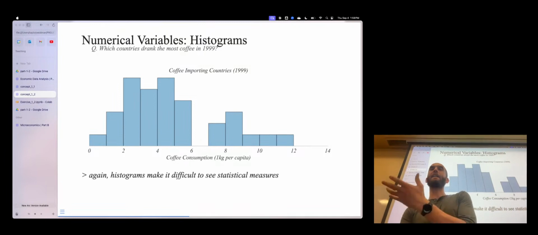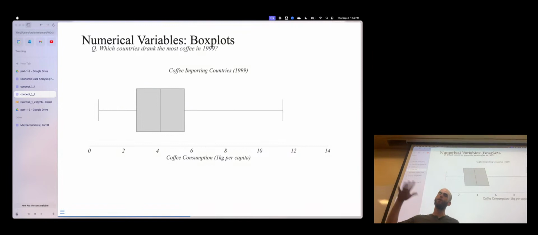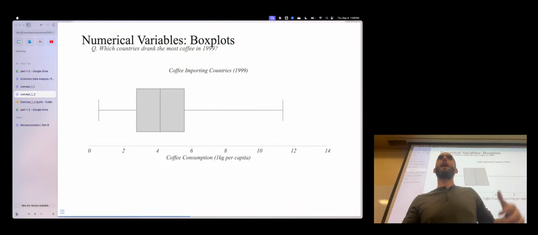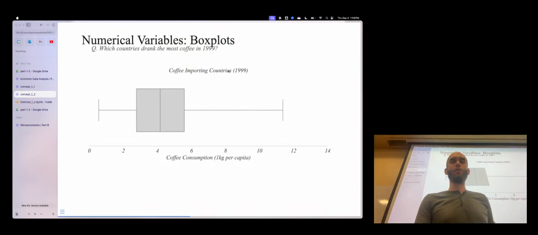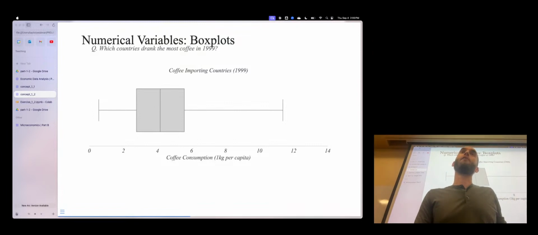And it gives us a lot of other important statistical values. We're going to talk through all the details here, but this is the same figure, but with a box plot. It's the same distribution, coffee importing countries and their coffee consumption per capita in 2009. This is what the box plot gives us. In addition to a box plot, one thing I like to do is actually see the exact values.